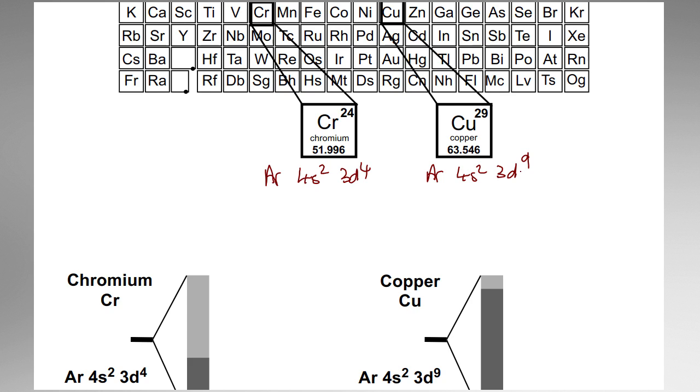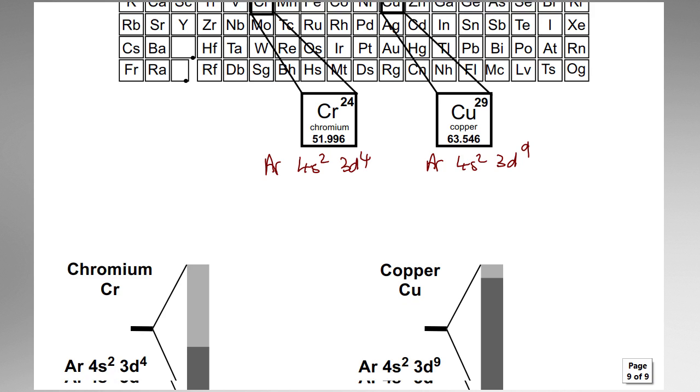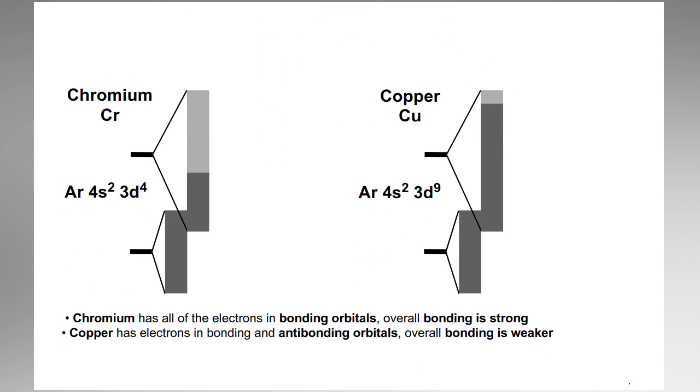So we have different numbers of electrons, but it's going to be associated with the d band. So if we look at our band diagram again, in chromium we have 3d4, 4s2, and in copper we have 3d9, 4s2, and so the bands are going to be filled differently.